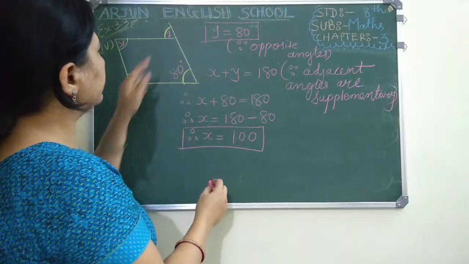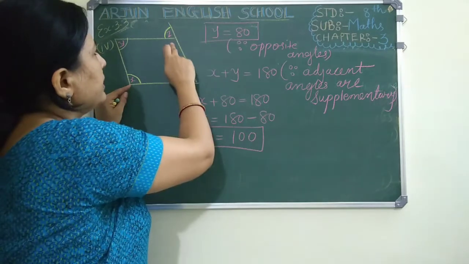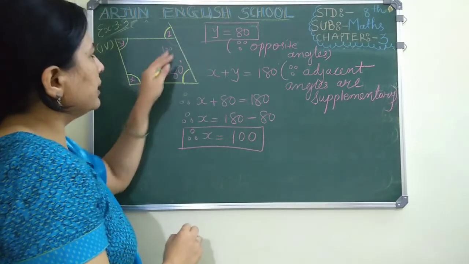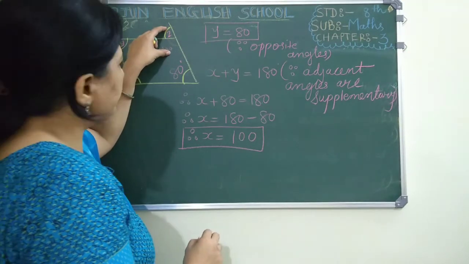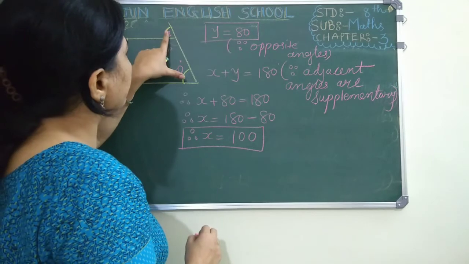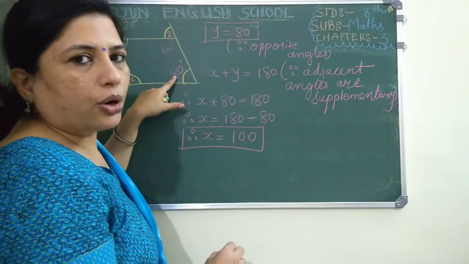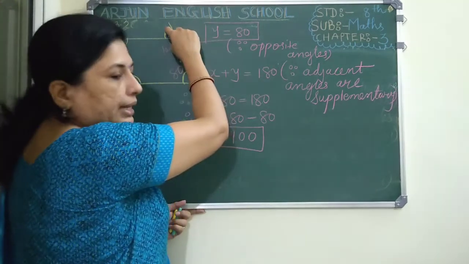Now for z. For z we can say that x is equal to 100, then this angle measures 100. Then these two are a linear pair. This way also we can find it, and we can also say this z and 80 degrees are corresponding angles. But we will take the linear pair.